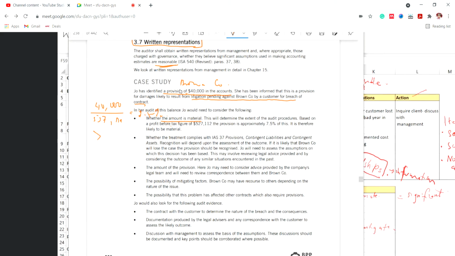It is more than 5%, so it is considered material. So this is on the materiality item. When the amount is material, this provision is material, you have to do the investigation.